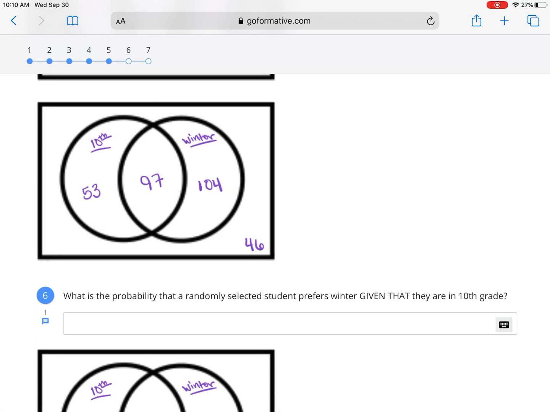Now, the numerator is what comes before given. So again, the problem says randomly selected student prefers winter given that they're a 10th grader. In other words, how many 10th graders out of all the 10th graders prefer winter? And we can see that there's 97 10th graders in the winter circle.